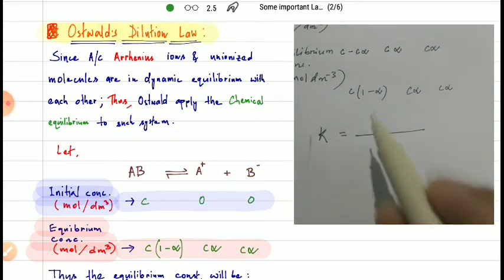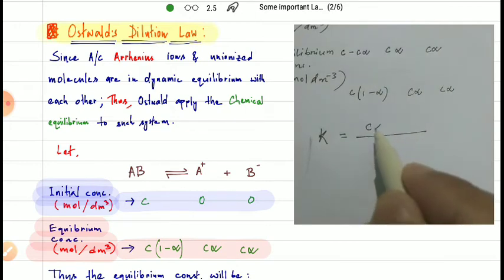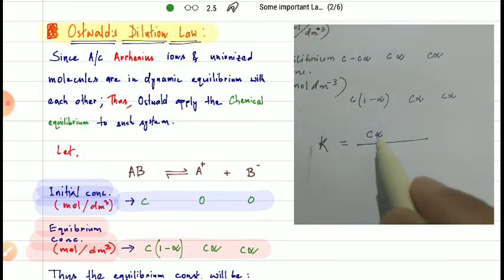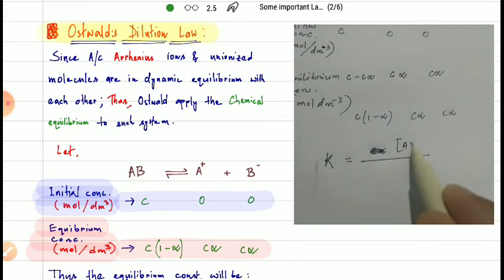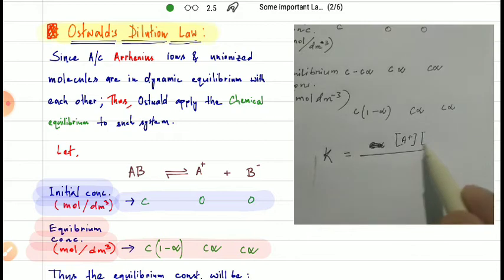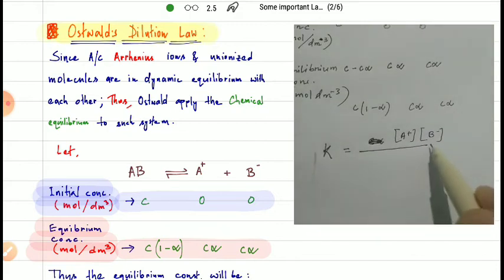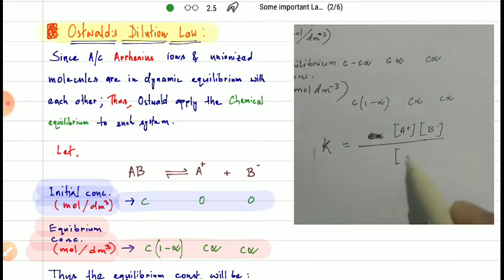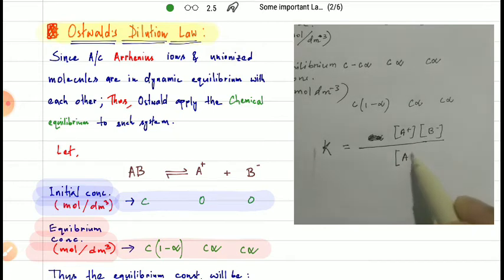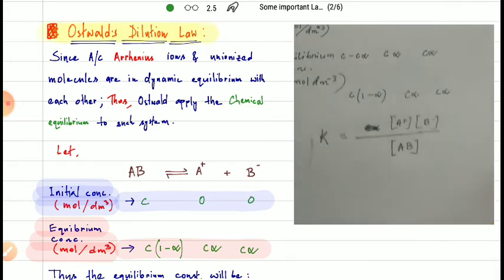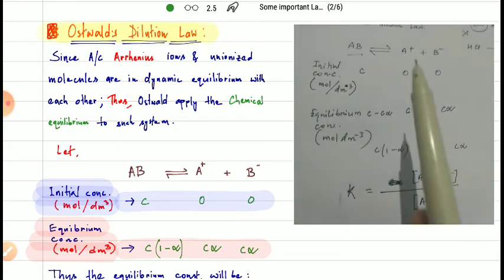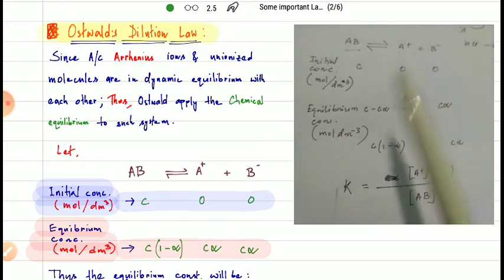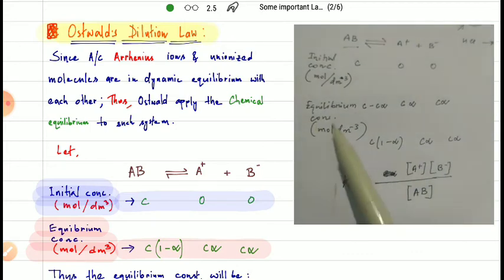So here you write the concentration of A positive ion and the concentration of B negative ion, and in the denominator the concentration of the unionized molecule.